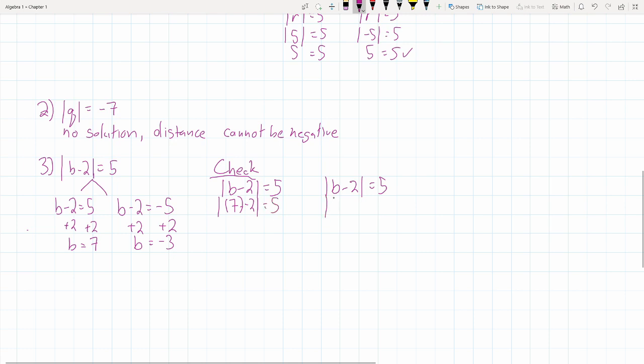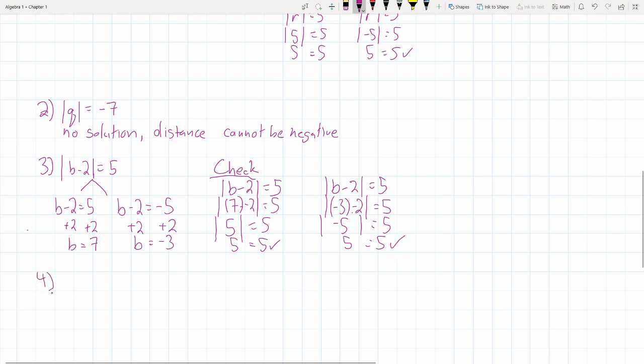Instead of b, I'm going to write negative 3. And I'm going to solve. And so I go 7 minus 2 is 5, which equals 5. And the absolute value of negative 5 needs to equal 5. And so I get 5 equals 5. That checks off. And I get 5 equals 5. And that checks off.